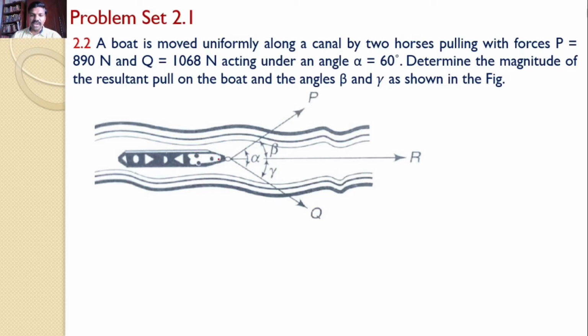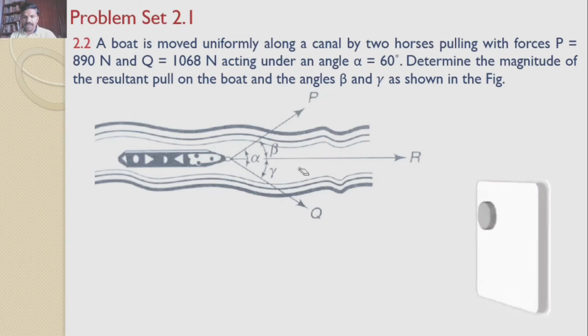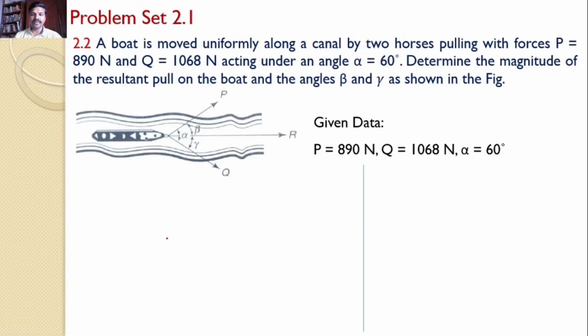Now our aim is to find with what force the boat will move, that is the resultant force, and the angle between the resultant force and the force P, that is beta, and the angle between R and Q, that is gamma. These values we need to calculate.